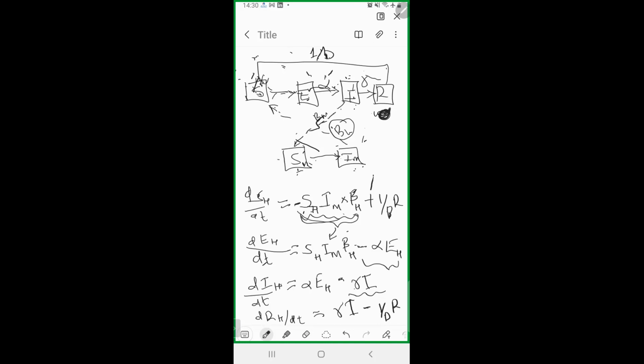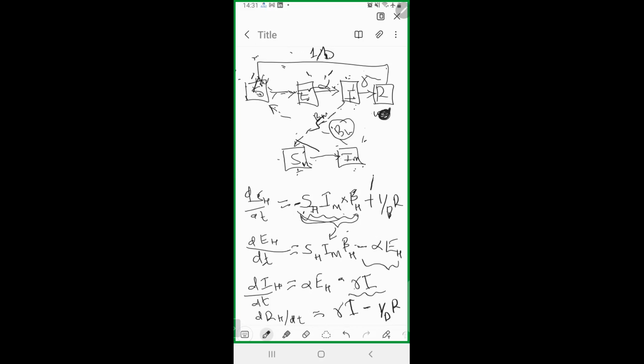So that's how we develop the equations. But then we also have the equations for the mosquito. It's the same thing for the mosquito. So dS_M over dt, instead of H, will be affected by the mosquitoes that leave at the rate beta.